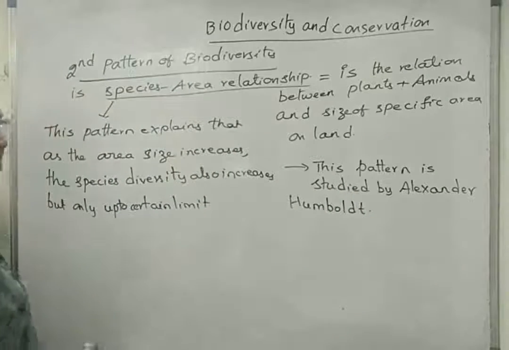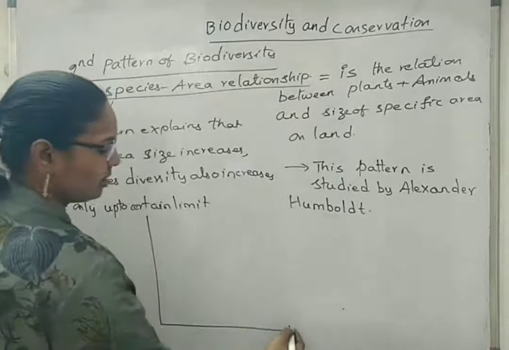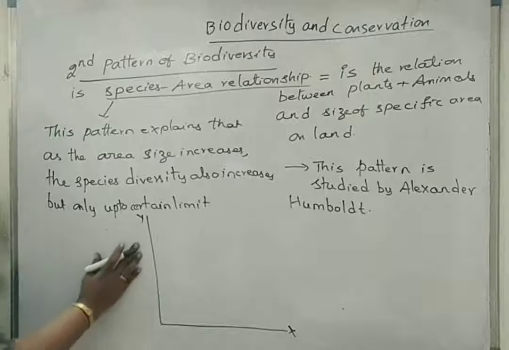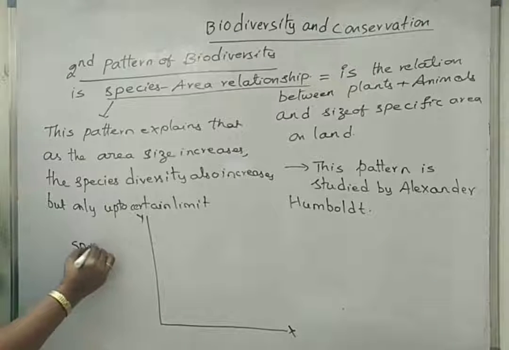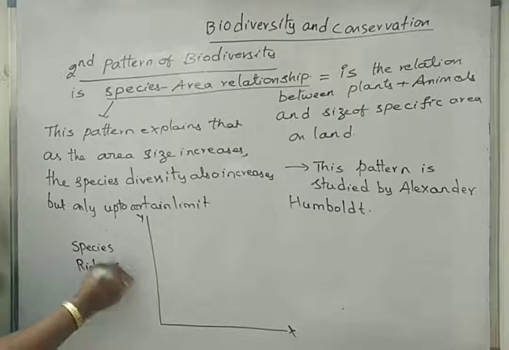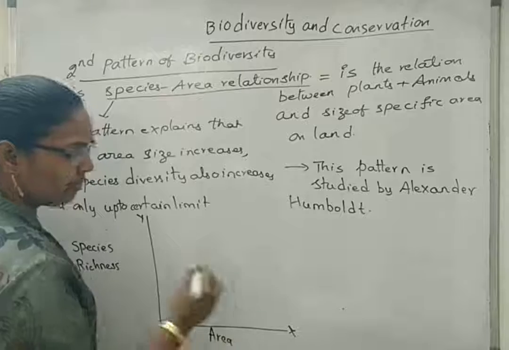So he has given a graphical representation to explain this. Take this as the x-axis and this one as the y-axis. On the y-axis we take species richness, means species diversity, and on the x-axis we take the area.